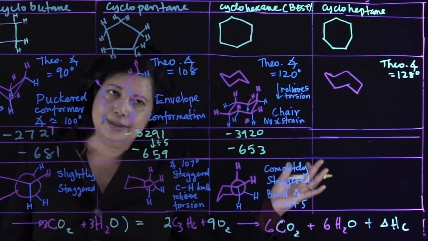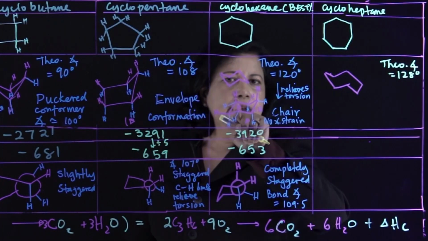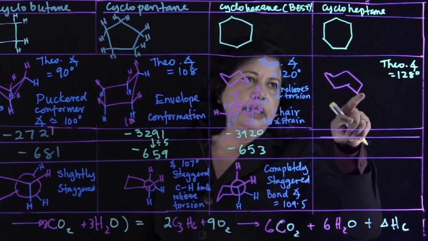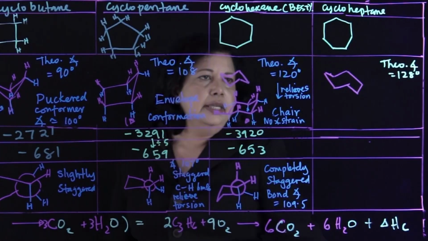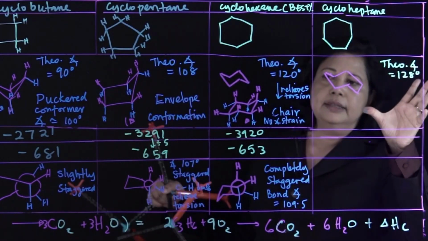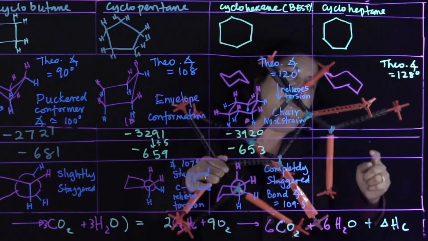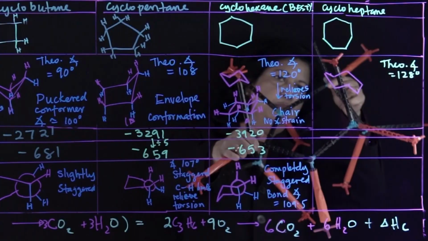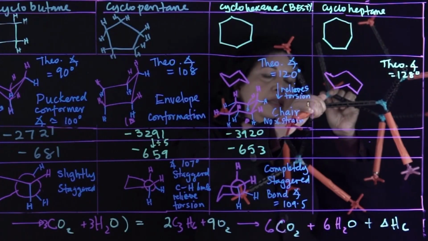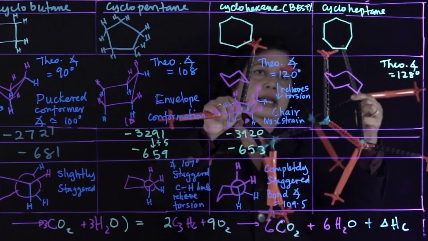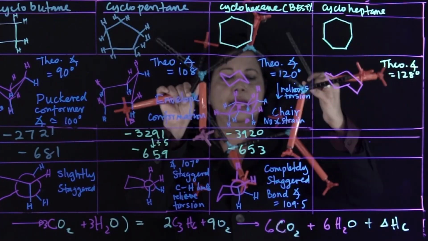What would you predict? Because we don't have this perfectly staggered conformation here, now the inner angle is actually too big, so it's going to be pushing out. Now you don't have perfectly staggered CH bonds around the ring. So there's a little bit more torsion now and a little bit more angle strain.